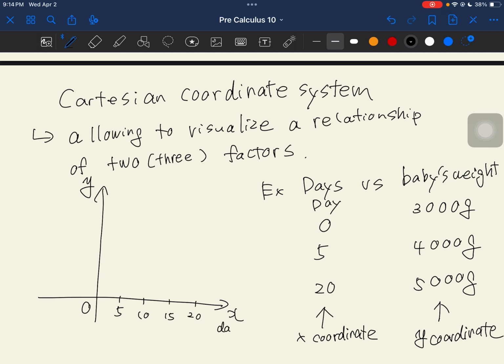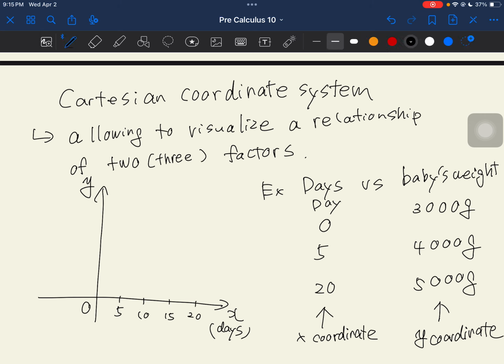So this is days. What you can tell from the graph is that here is day 5, and this is day 10, this is day 15, and this is day 20.